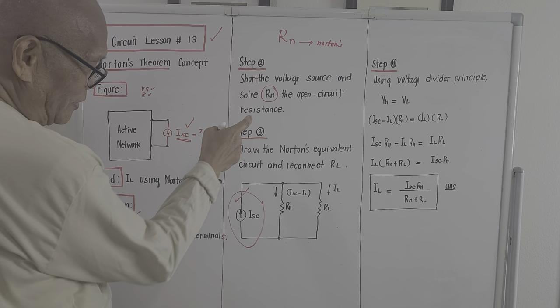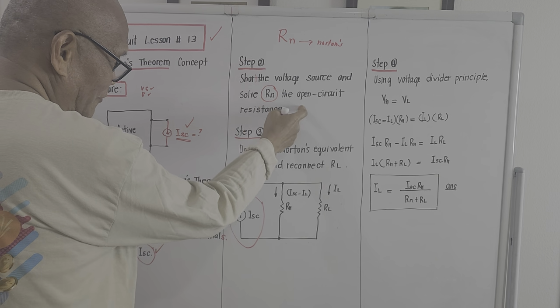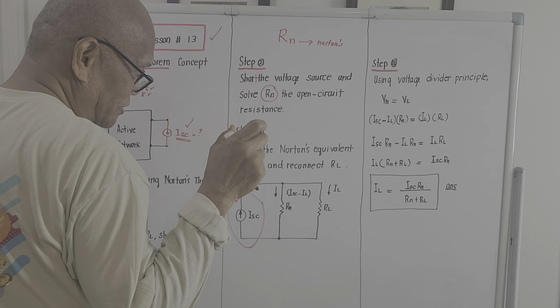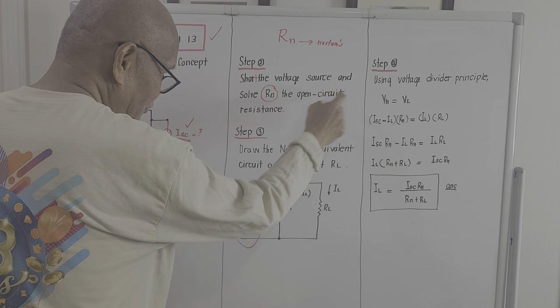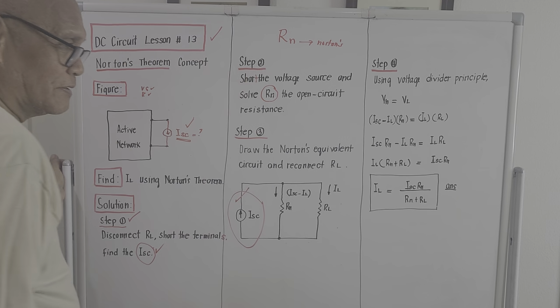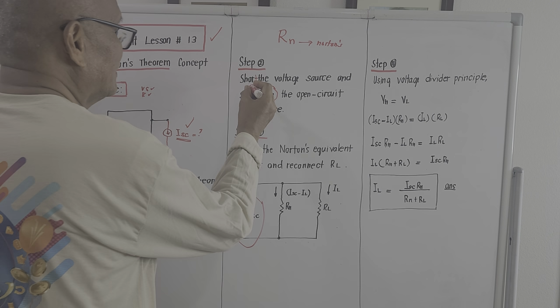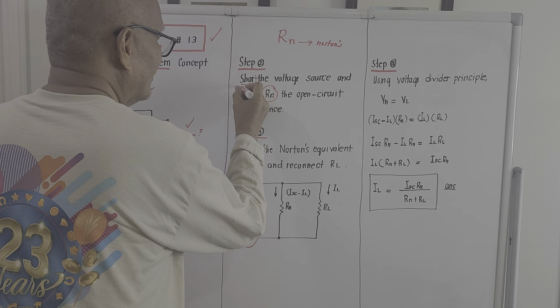So if you read this, capital letter R with the subscript N, we will solve R sub N, and the term for this RN here is actually the open circuit resistance. But we must short the voltage source inside.